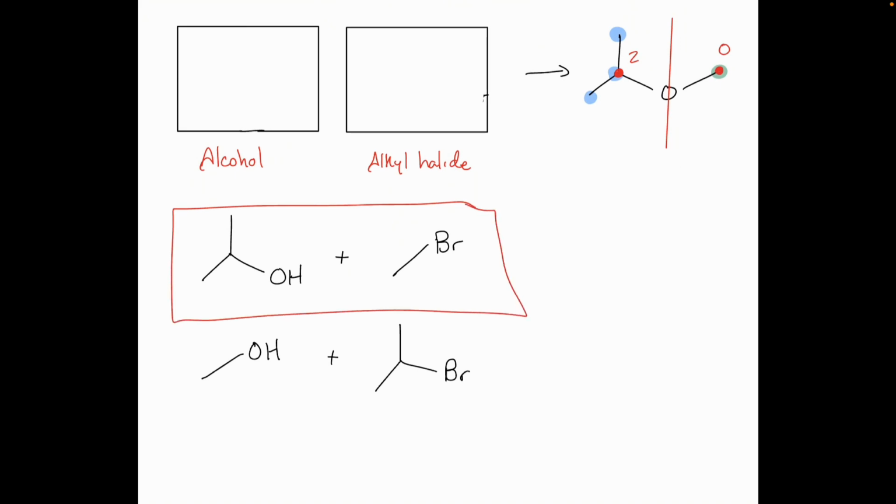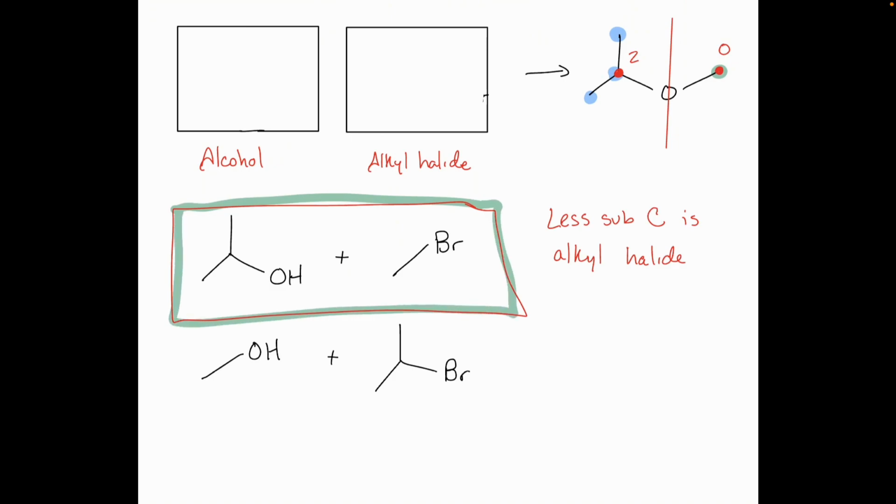So we said the smaller fragment was our alkyl halide, really the less substituted fragment. Less substituted carbon is the alkyl halide. So in theory, both of these would lead to this same product, but we want the smaller one to be our alkyl halide. So this would be our correct combination of reagents here.